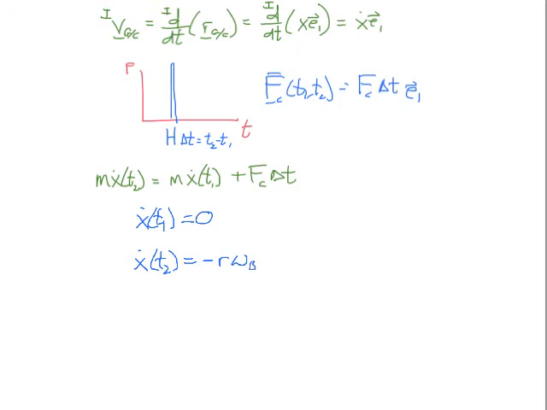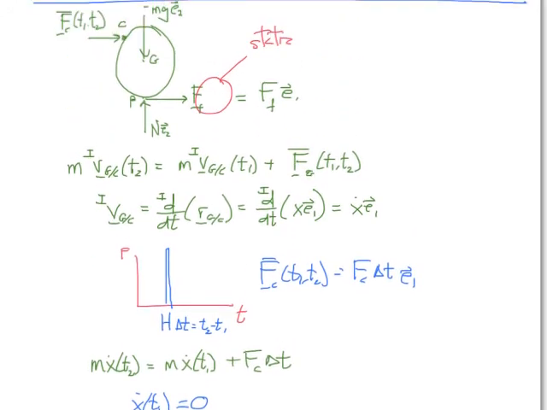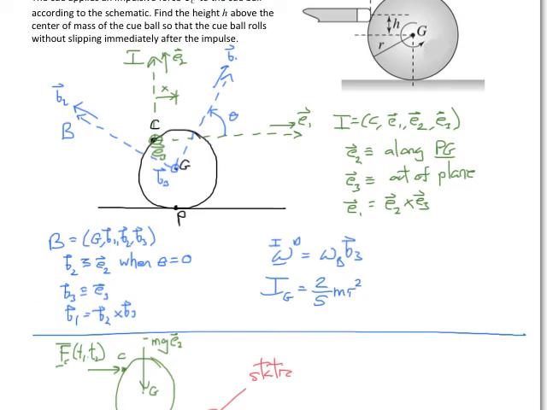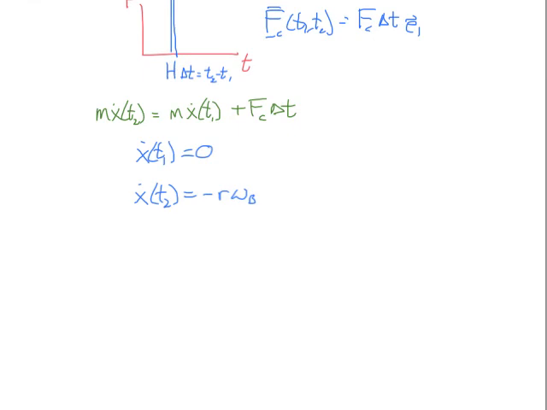And the reason why we chose negative is because we've defined our reference frame here with positive b3, and so we want it to roll clockwise. And with a clockwise rotation, this is the opposite direction of how we've defined our coordinate theta. And so with this constraint, our speed at time t2 is equal to negative r omega b.